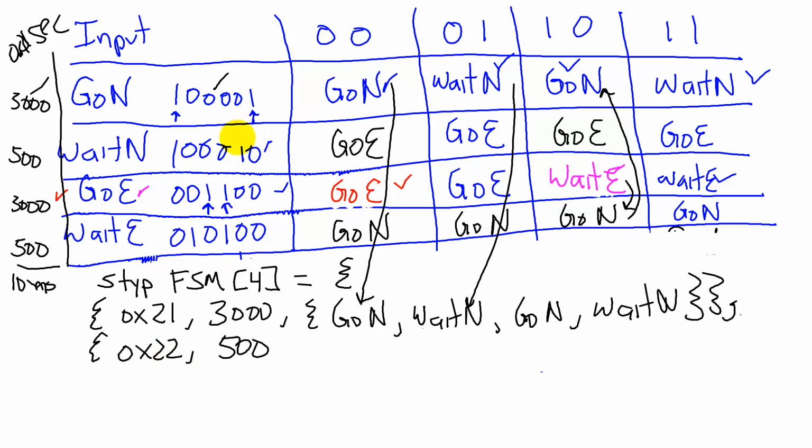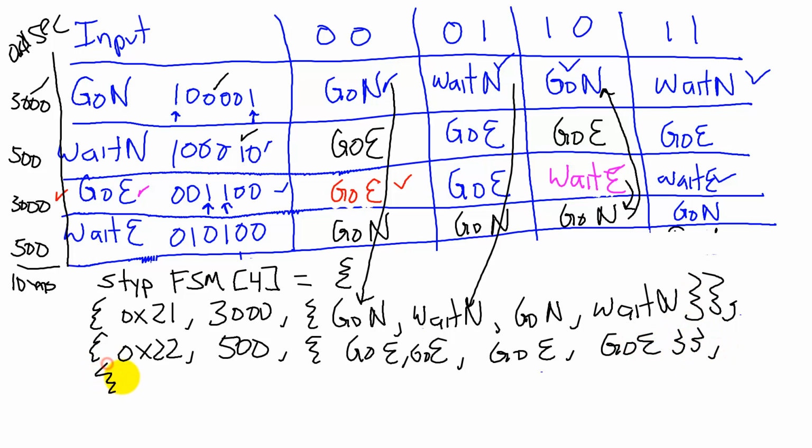This 22 is right there. There's the 500, and then I'm going to capture the 4 states here, which are all go east. And there's my 0C, 3,000.